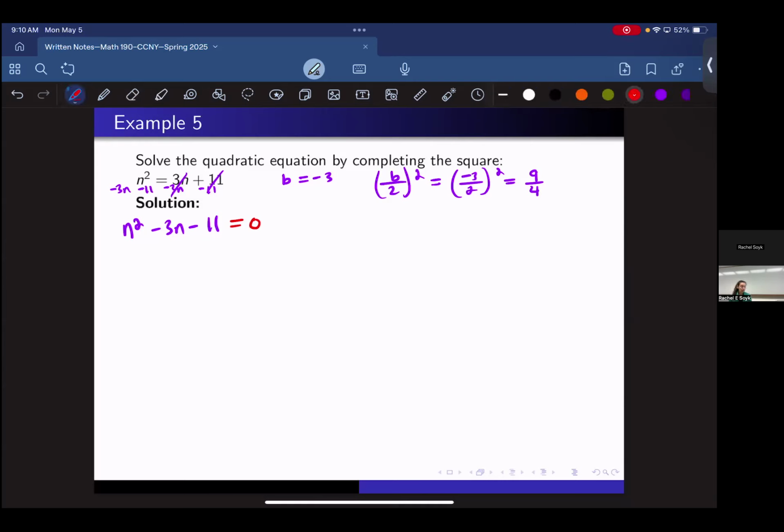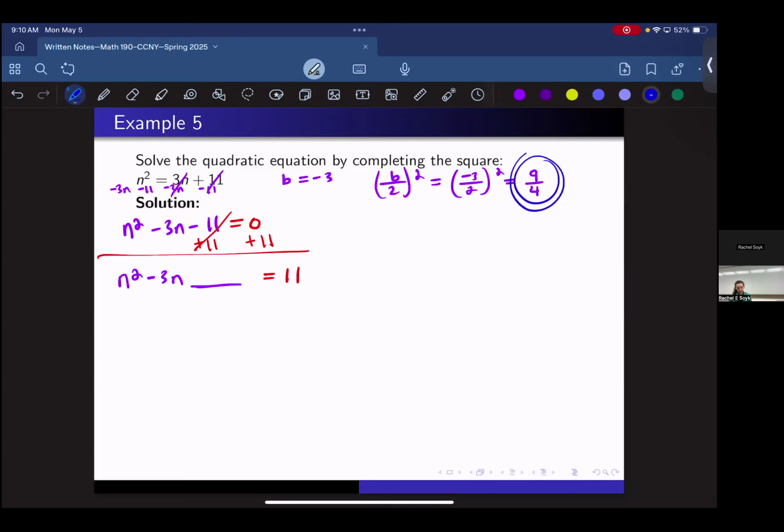And again, we're manipulating this constant. So let's bring that 11 back over to the right-hand side. We want that excluded from the whole perfect square trinomial. Put in your placeholder. And then add in your special key to both sides.